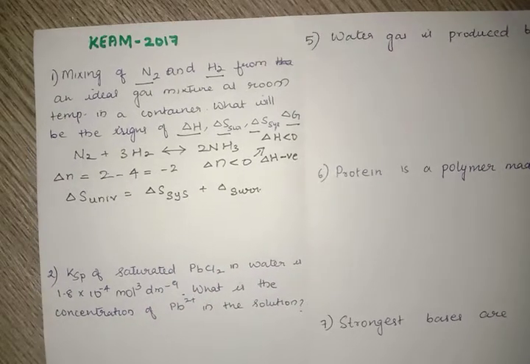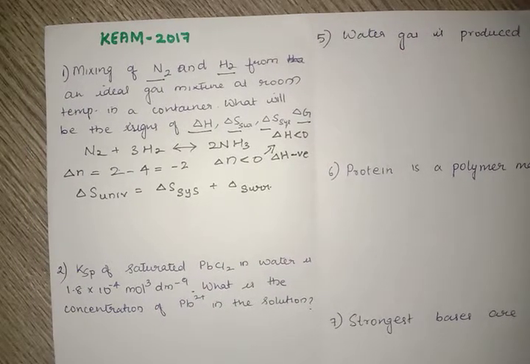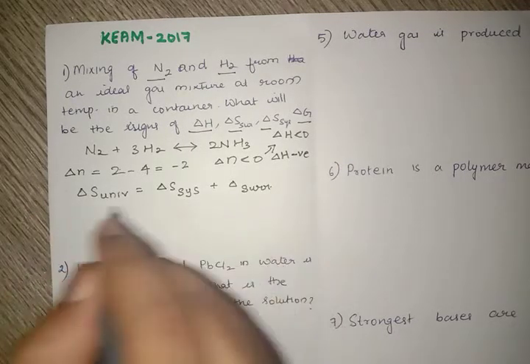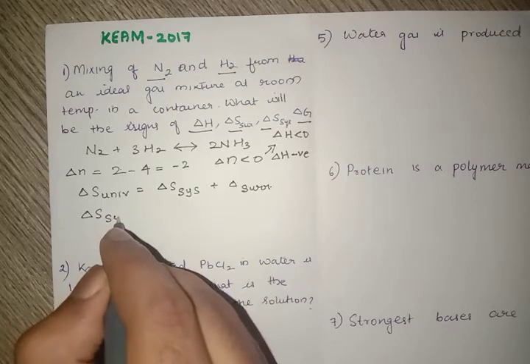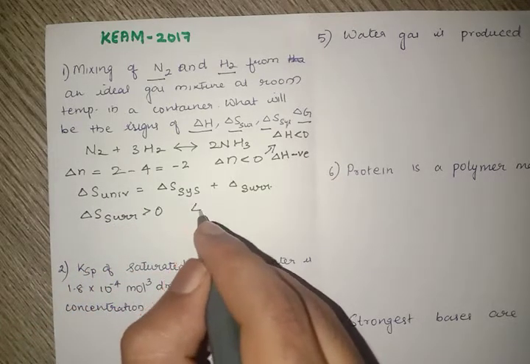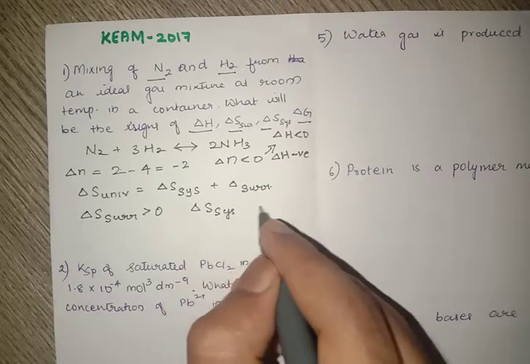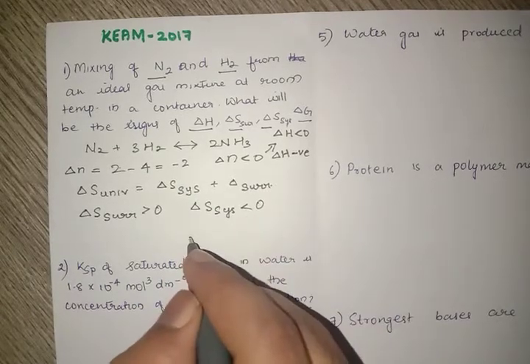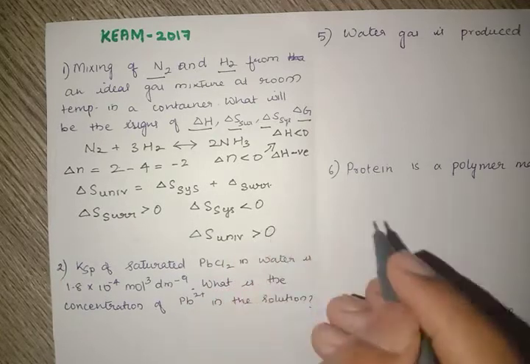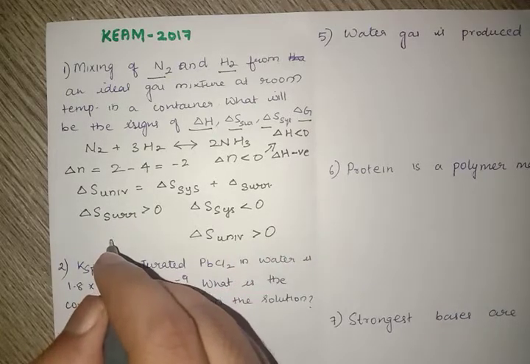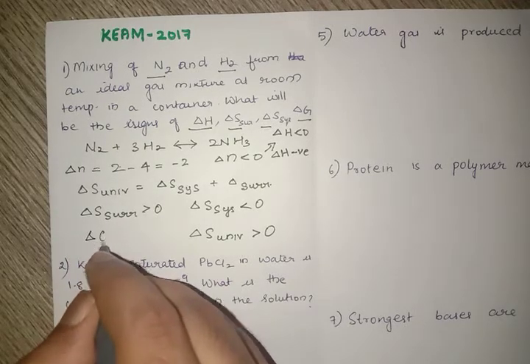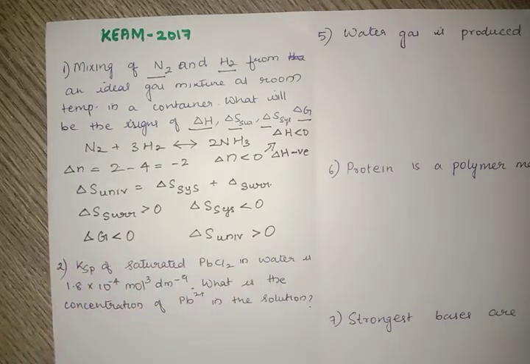So if delta H is less than 0, delta S surround will be greater than 0, and delta S system will be less than 0, and delta S universe is greater than 0, and delta G will be negative because this reaction is a spontaneous reaction.